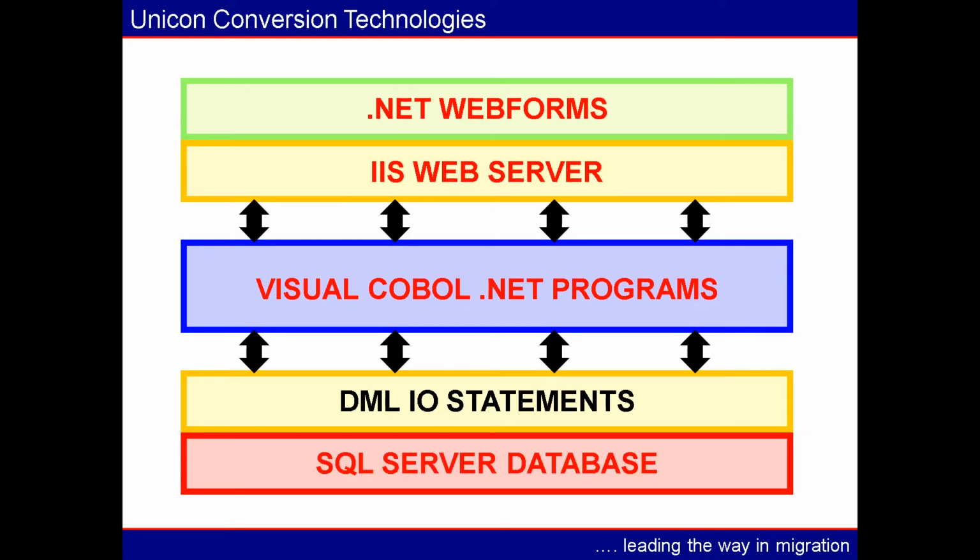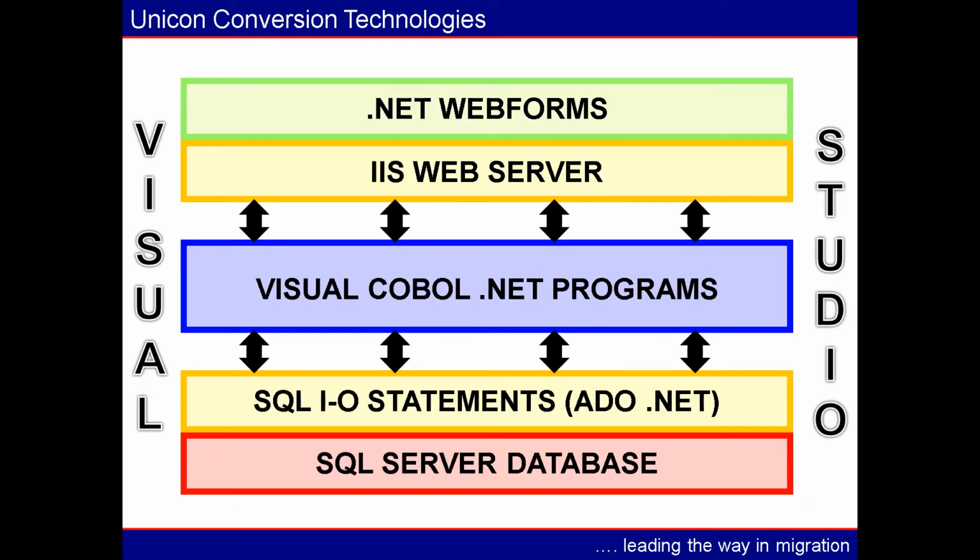The database tables are converted to SQL Server relational tables. And the new Visual COBOL programs are modified to access the SQL Server tables instead of the DMS tables. The converted application code set is maintained in Microsoft Visual Studio.